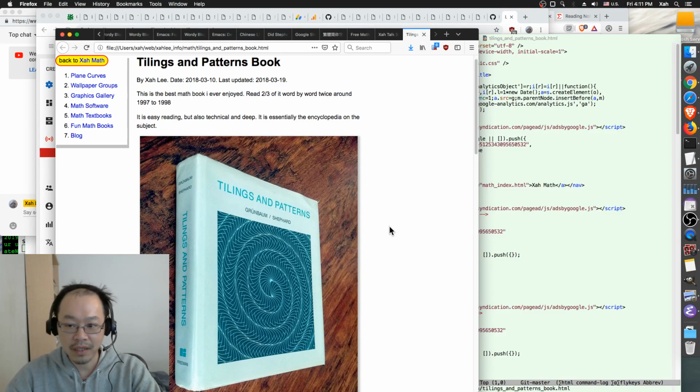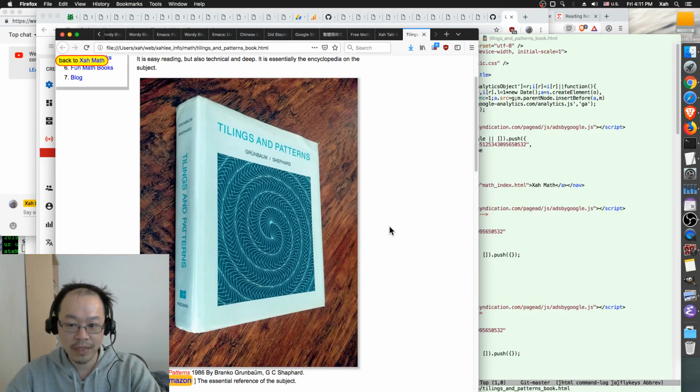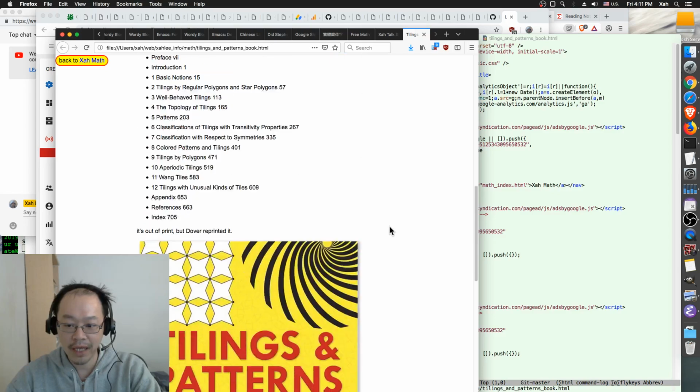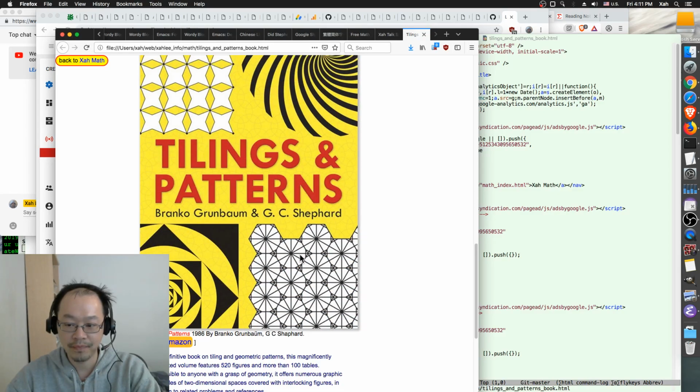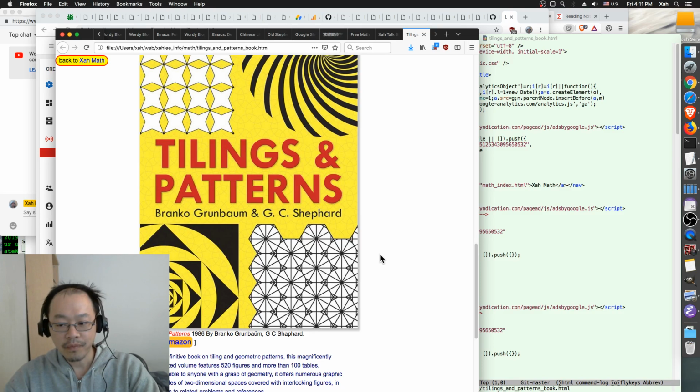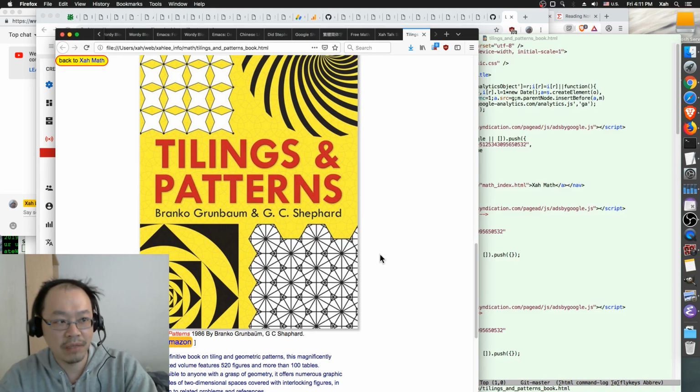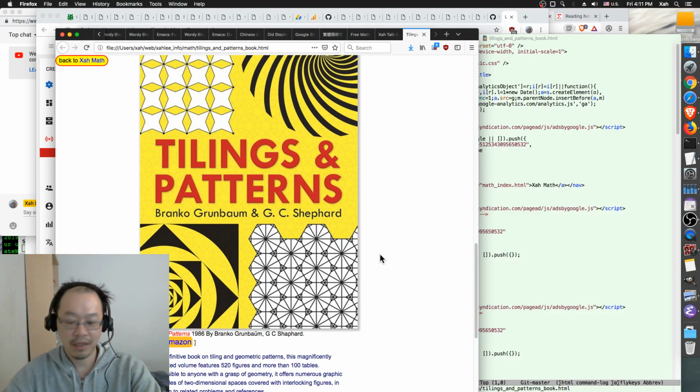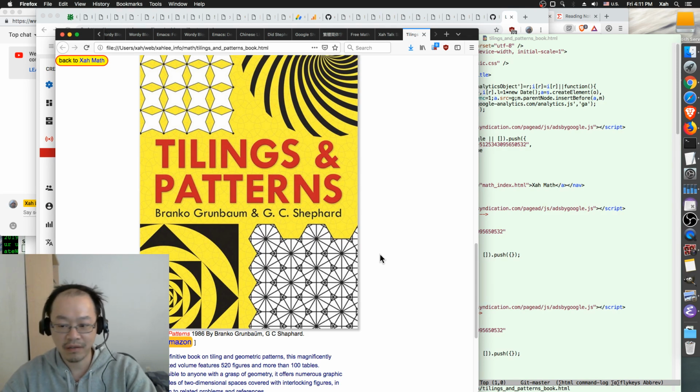So what does it talk about? Well, the subject is tilings and patterns. Like you see all these, for example, this is tiling. These and these are kind of like patterns. So what is there to study about? Mathematically, there's quite a lot. In fact, it's still ongoing research.